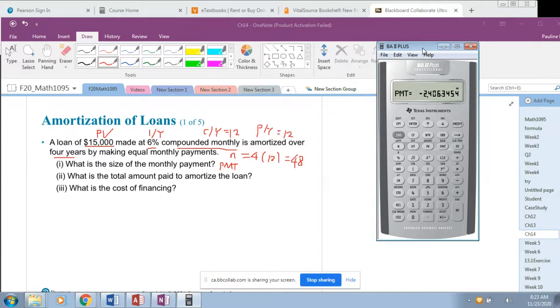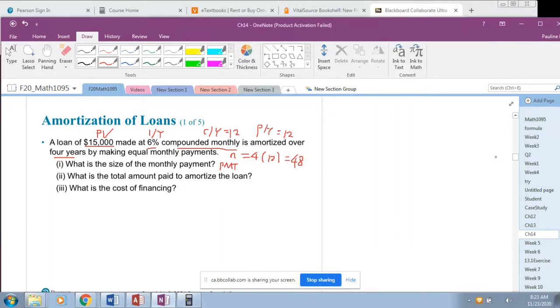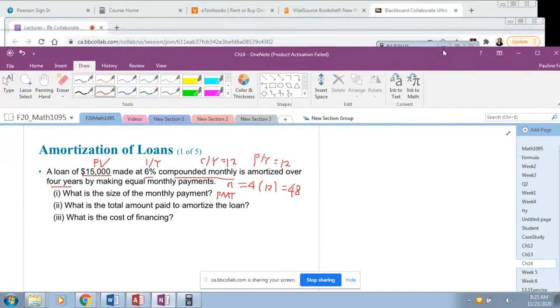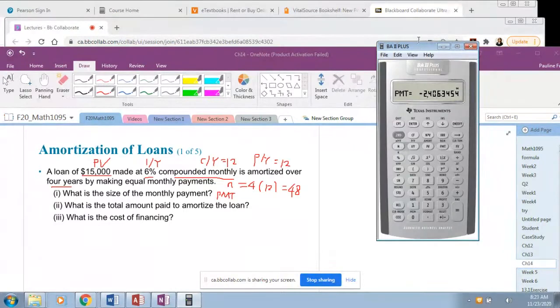And if you ask, how do I know whether the payment is made at the beginning or at the end? For this question, remember in the previous lecture we said this is usually at the end unless specified otherwise. Let me pull out my calculator here.